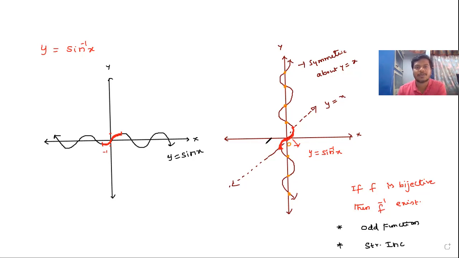Okay, this is about y equals sine inverse of x, and it is very clear that it is defined for all x belonging to -1 to 1. Here it is -1 and here it is +1. And the range of this function is the closed interval from minus pi by 2 to pi by 2. This is pi by 2 and this is minus pi by 2.